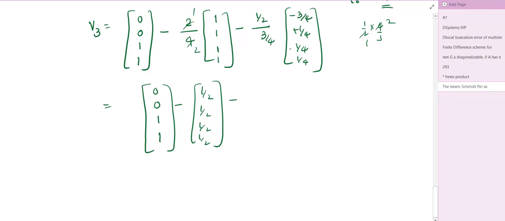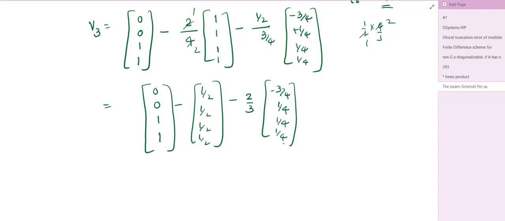This will be minus 2 by 3 here, into minus 3 by 4, 1 by 4, 1 by 4, 1 by 4. So when you multiply this, it is again 2 by 3 cancels.